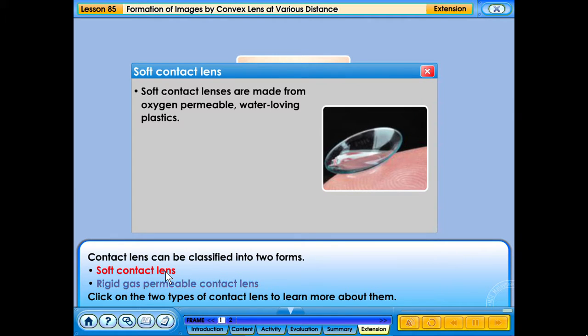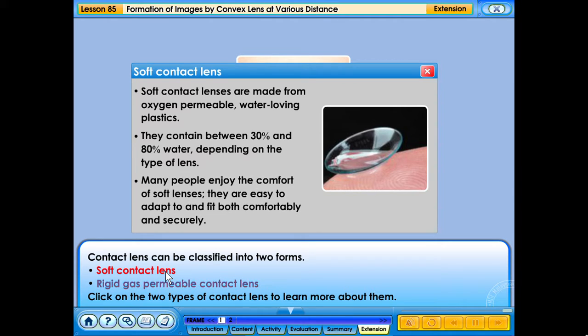Soft contact lenses are made from oxygen-permeable water-loving plastics. They contain between 30% and 80% water depending on the type of lens. Many people enjoy the comfort of soft lenses. They are easy to adapt to and fit both comfortably and securely.